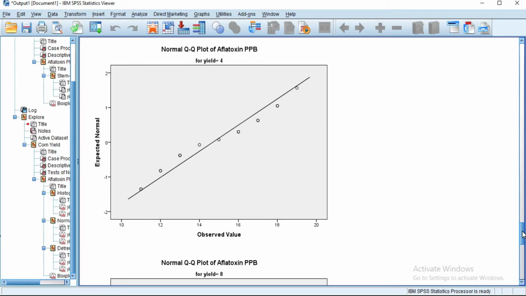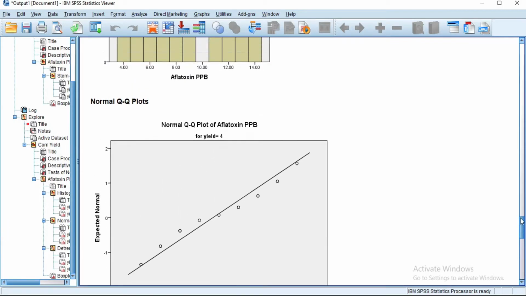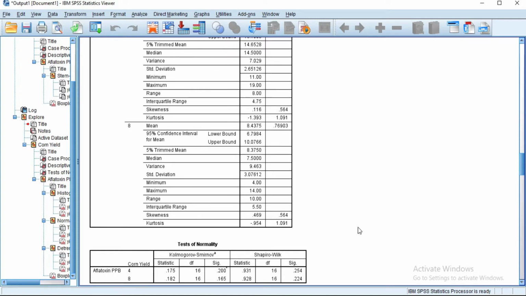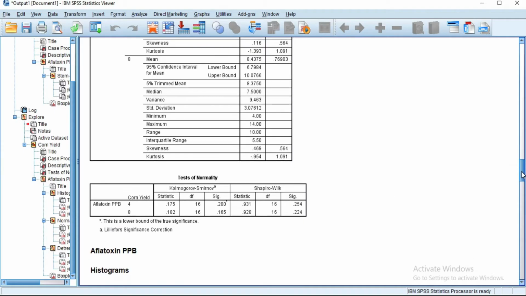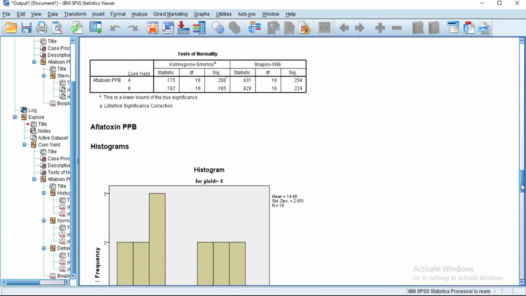So we have so far discussed a few approaches to judge the normality. The first one was comparison of the skewness and the kurtosis. In case the skewness or the kurtosis or both are significant, your data cannot be normally distributed. And in case both of these descriptives are non-significant, then we can say that data are following normal distribution.